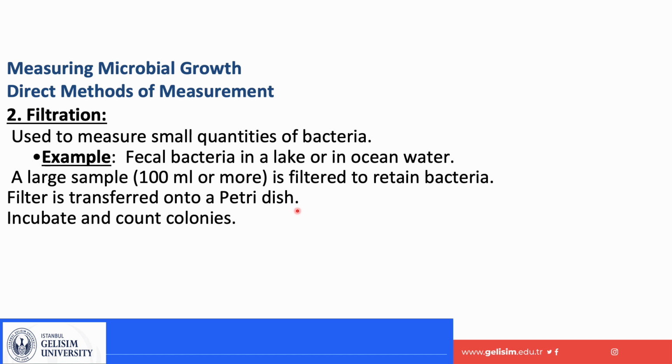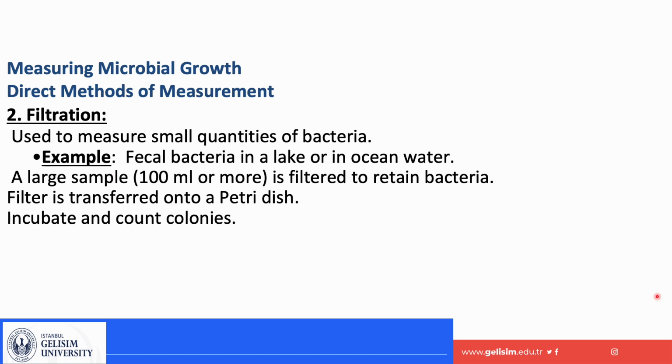The filter is then transferred onto a petri dish containing a nutrient medium and then incubated to allow the bacteria to grow. The colonies that grow on the filter can then be counted to determine the number of bacteria present in the original sample.